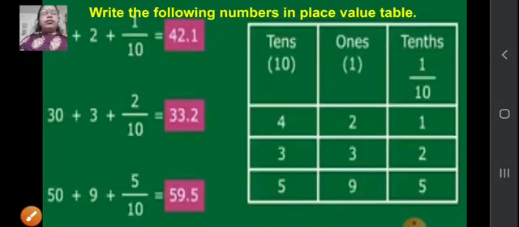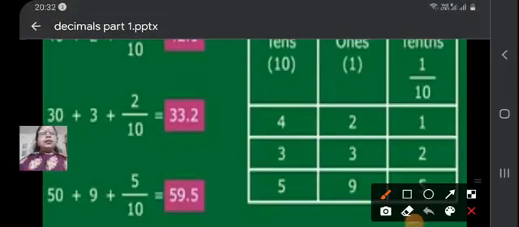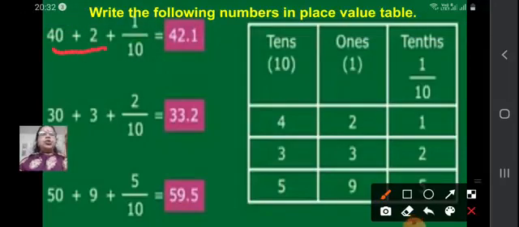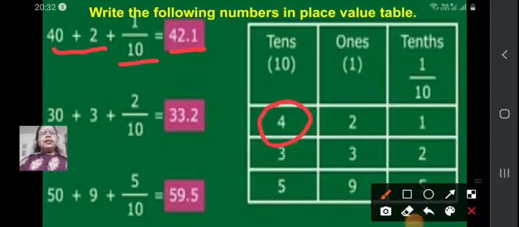Now, let us look at a few more examples to understand this. We have 40 plus 2 plus 1 upon 10. This means the number is 42.1. So, in tens place it is 4. We have 4 tens. Then in ones place we have 2.